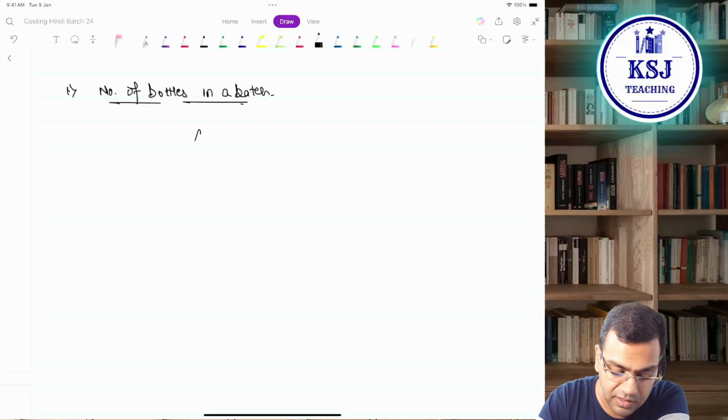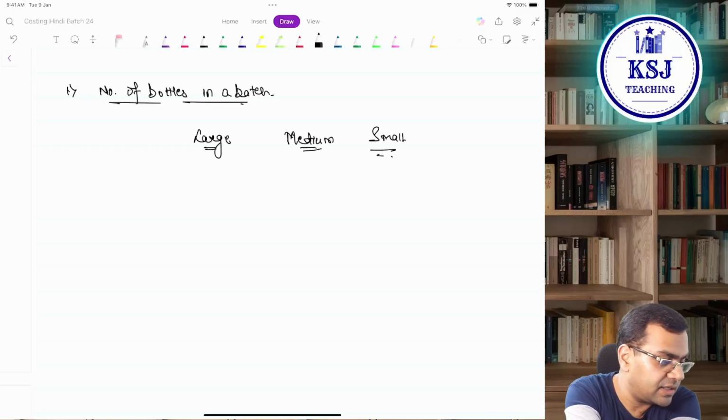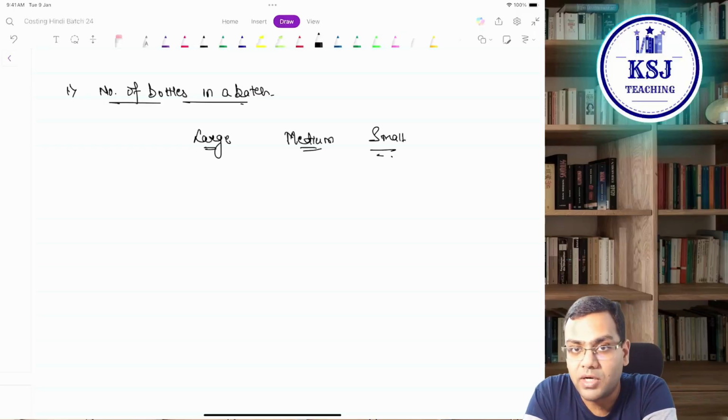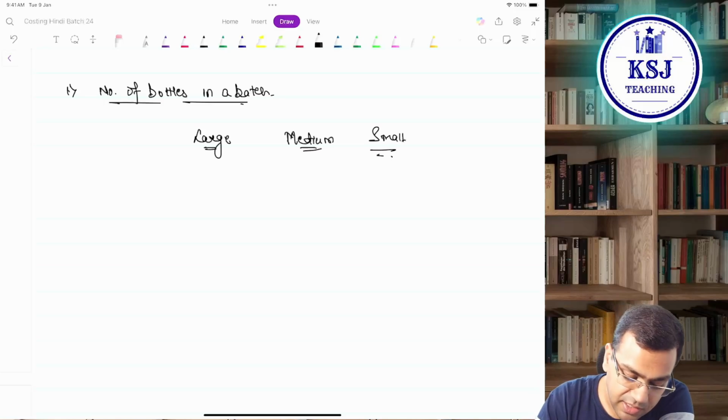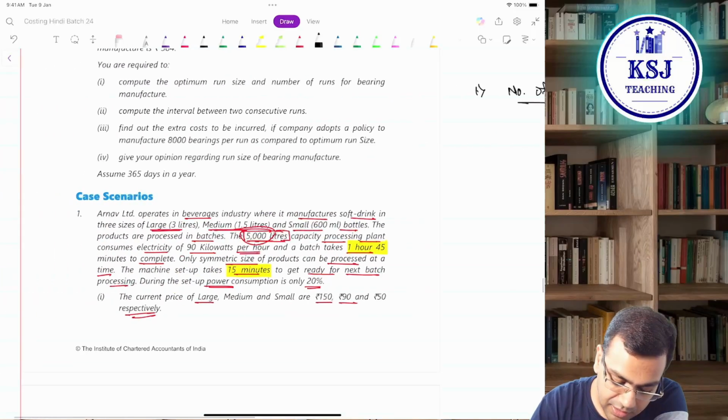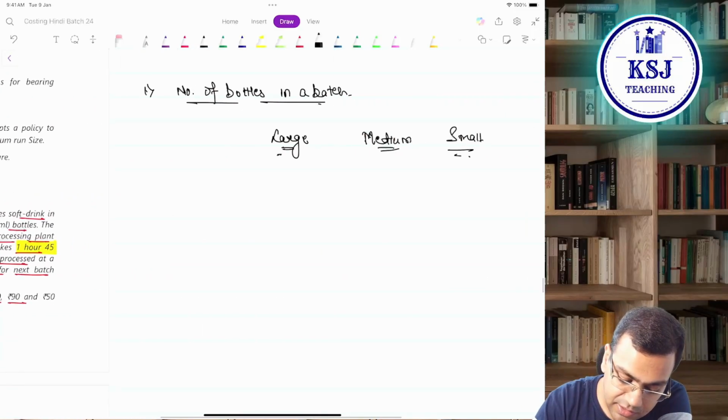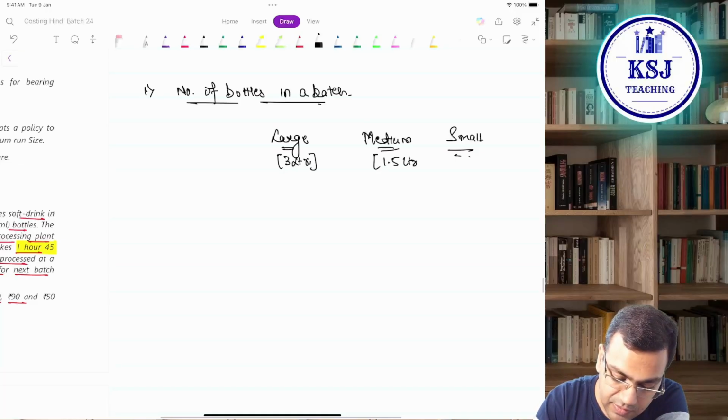We'll calculate for large, medium, and small. Right, how will you calculate, sir? What is the batch size? 5000. Now this large bottle capacity is how much? 3 liters. This is 3 liters, right? This is 1.5 liters, right?